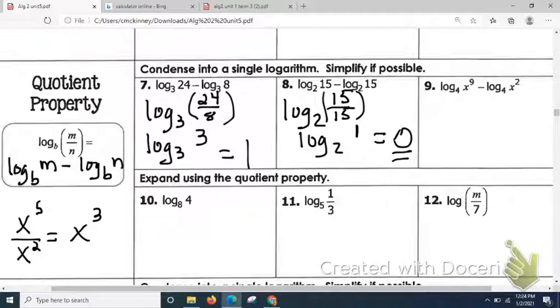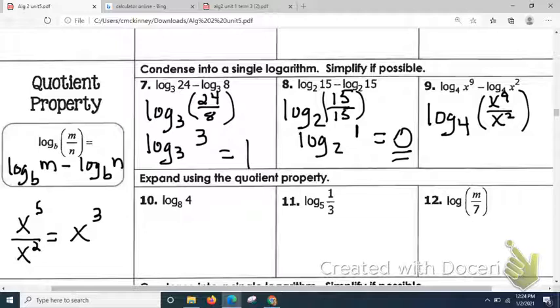I will not typically give you questions asking you to condense and simplify in the same question. I would more want to know, for instance, number 9. Here I have log base 4, and the first one's on top, so I've got x to the 9th over x to the 2nd. If I can do something with that division, I should.